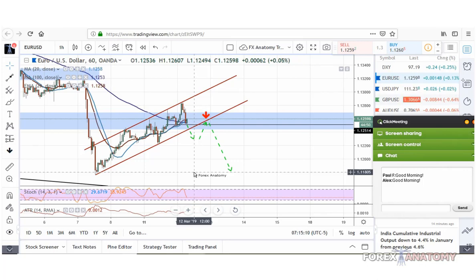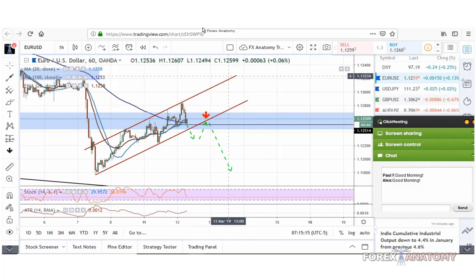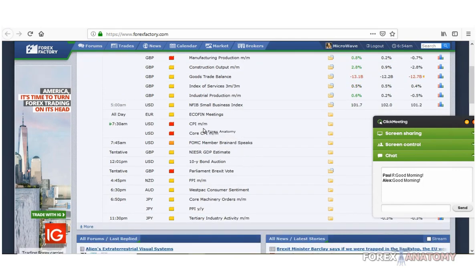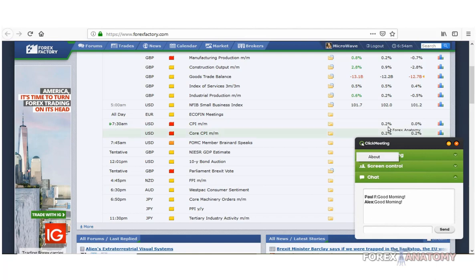Yeah, and I know, of course, later on in probably a few minutes, we have some inflation data. Yeah, the CPI, coming out, which may impact the US dollar. Let's go down here and see that we have our headline inflation coming out. We're expecting 0.2% month-over-month growth in the headline figure, and we're expecting about the same for the core figure, which excludes food and energy.